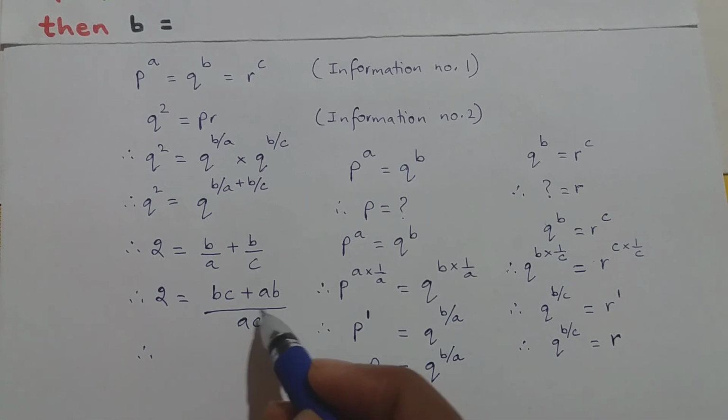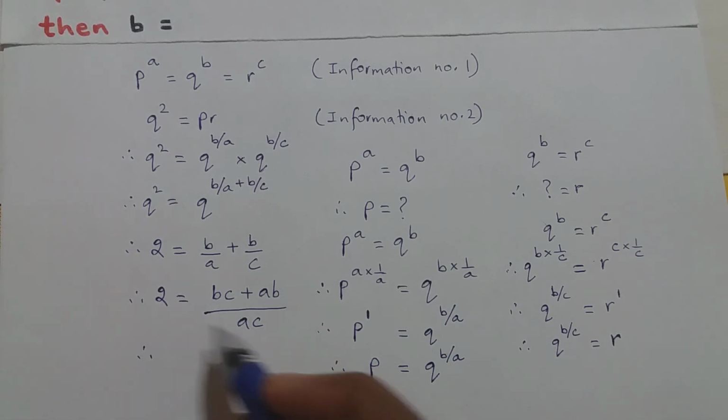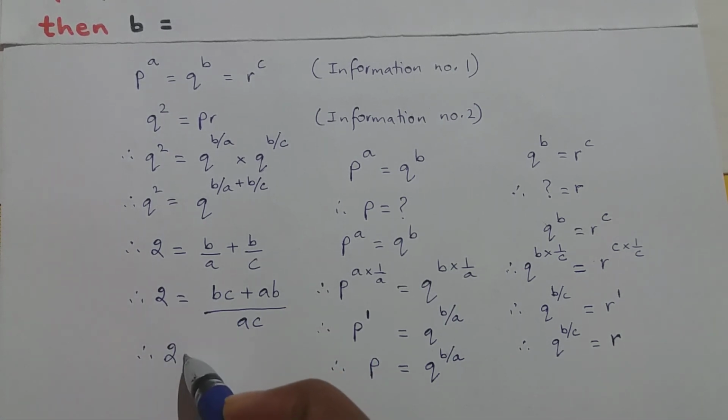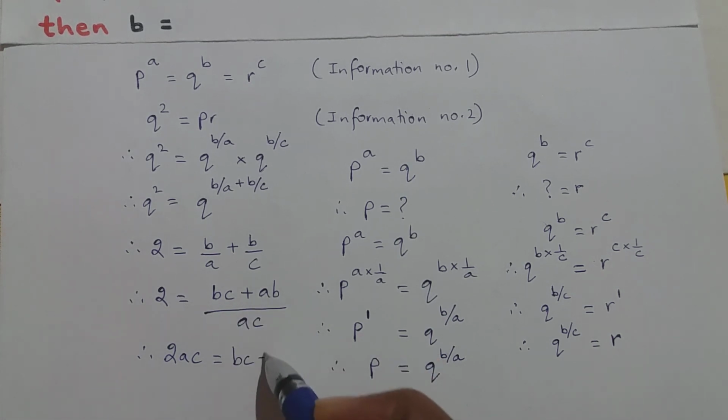Now I will shift this AC to the left hand side. So it will become 2 into AC, which is 2AC. So 2AC is equal to BC plus AB.